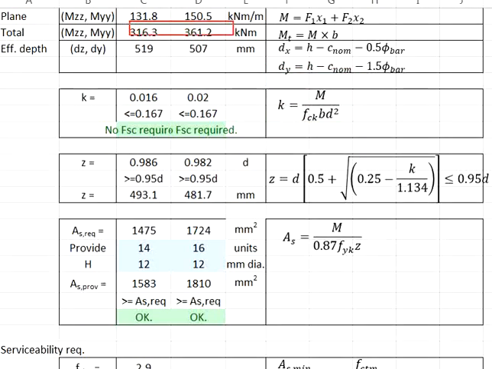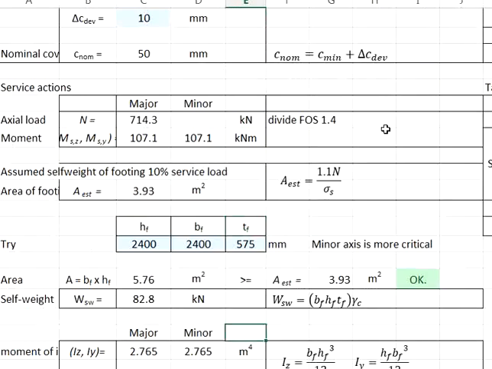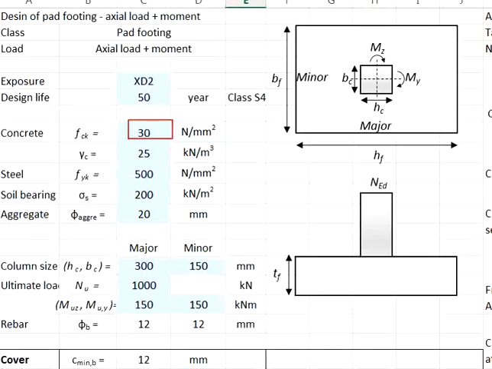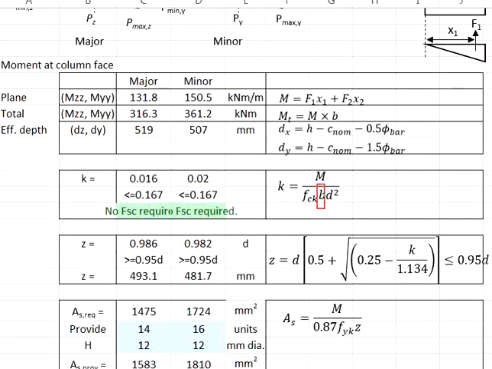Take the moment divided by fck. The fck is equal to 30 as given in the question, divided by the b, which is 2.4 meter, and then divided by d squared, which is the effective depth.